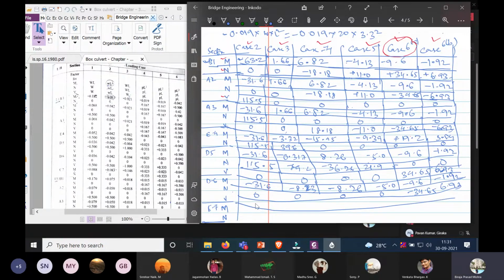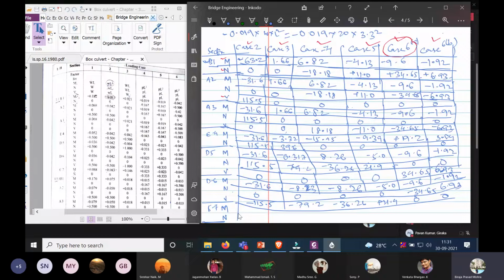Now the shear force is minus 115.5, minus 79.2, minus 36.26, plus 21.9, 0 and 0.